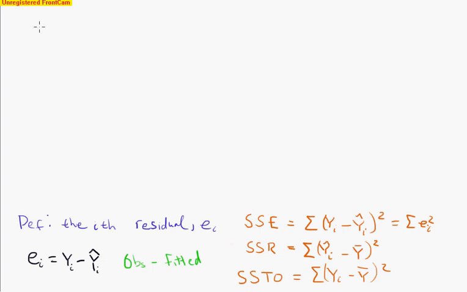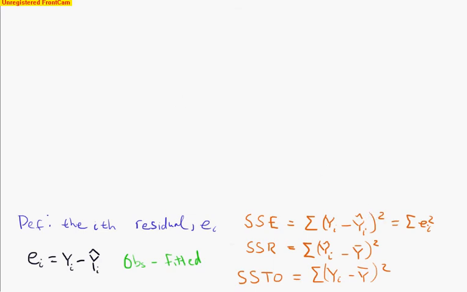You'll notice the SSE, SSTO, and SSR all have one thing in common: they have this square for each of these terms. This is because we want to count equivalently people that are far outlying below the regression equation and far outlying above equivalently. One way to do that is to take the square.